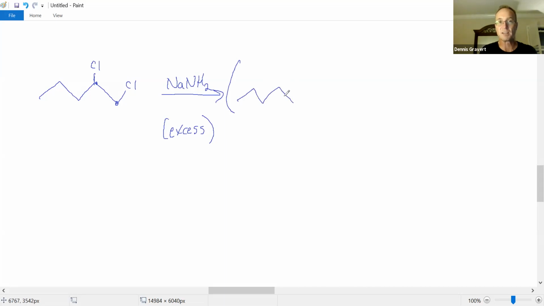I don't know which one, I should think about it. It's probably this hydrogen that removes first. We'll talk about that later. But anyways, one equivalent probably removes the primary hydrogen, not the secondary one, because it's less crowded.